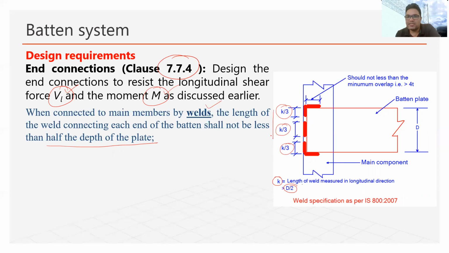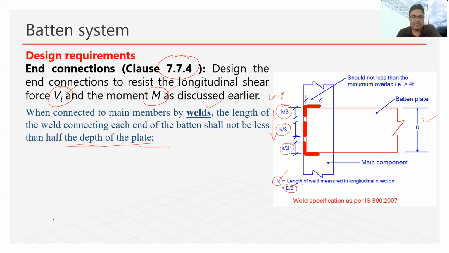So we are measuring the length of weld in this direction, the longitudinal direction. This is what IS code has suggested. Now I'm taking the length of weld as K, and this K should be more than D by 2. So this capital D is the depth of plate.